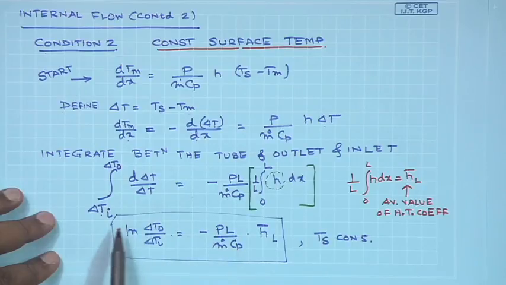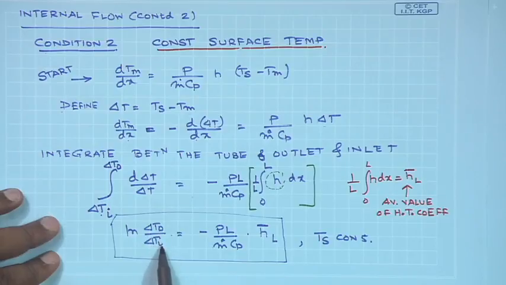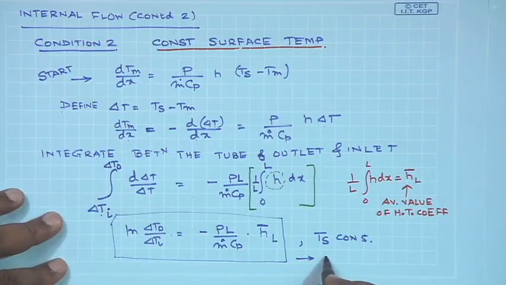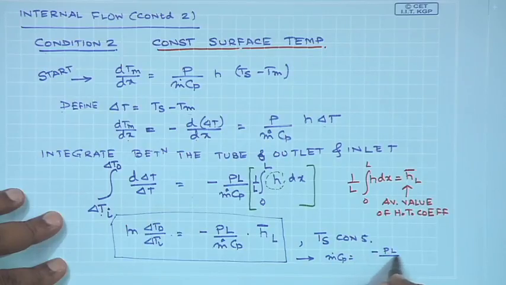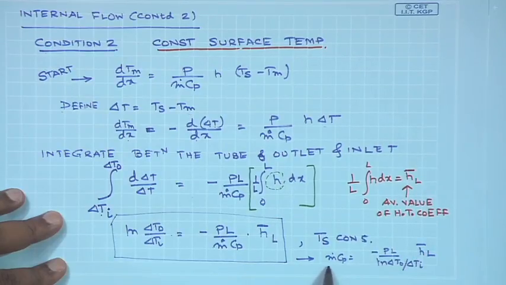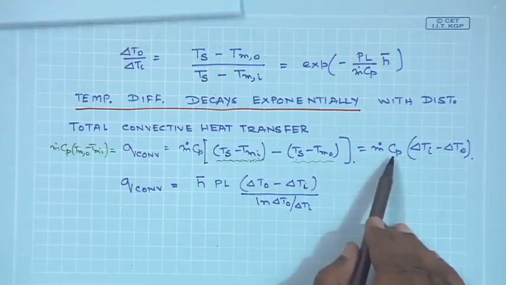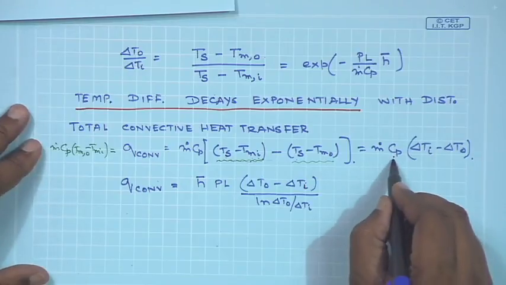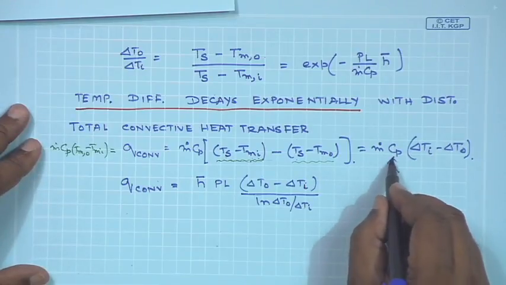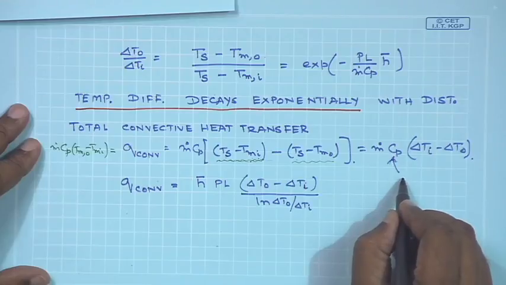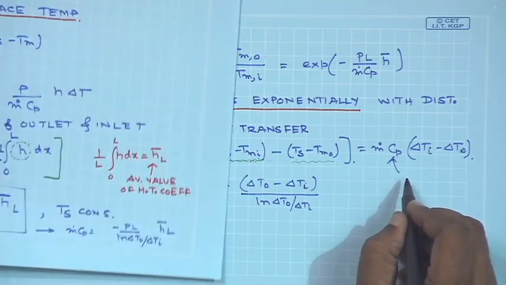My m dot Cp is simply going to be minus P L by ln of delta T 0 by delta T I times h bar L. So, this expression for m dot Cp is being substituted in the expression over here, like from the last page.